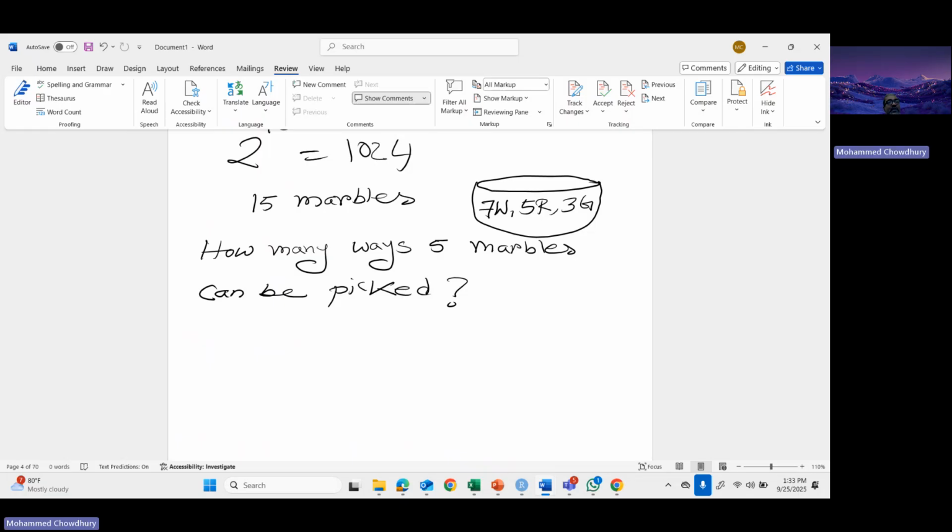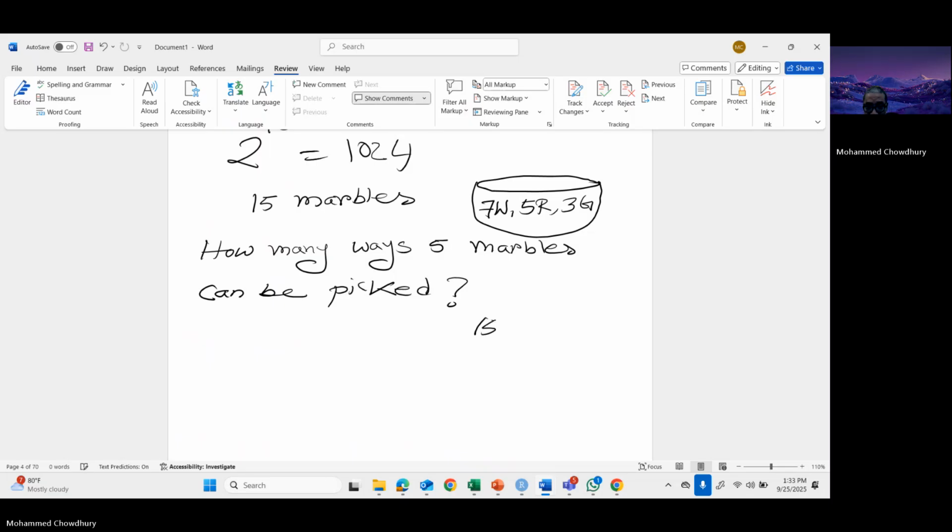There are 15 marbles in the box. I want to pick 5 marbles randomly. How many ways can these marbles be picked? If I pick 5, they could be red, or white, or 3 of them could be white and 2 of them green. So 5 marbles can come in this many ways.